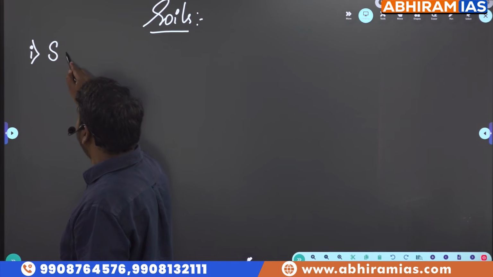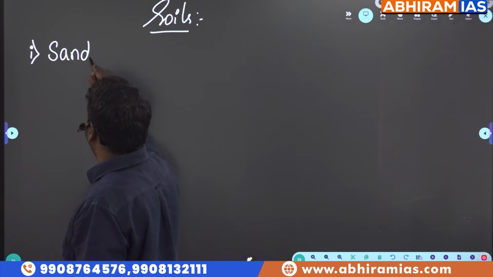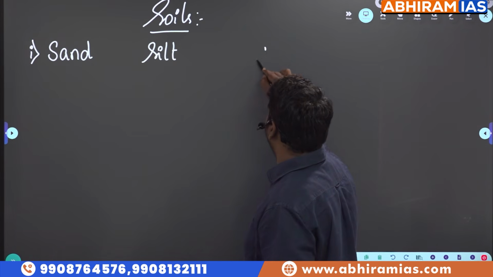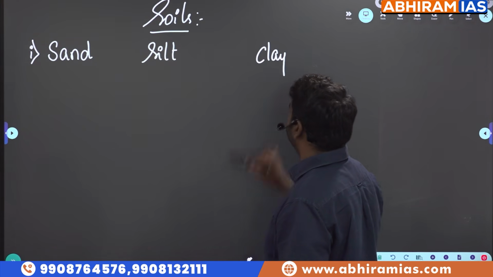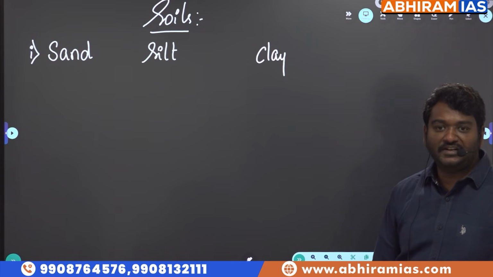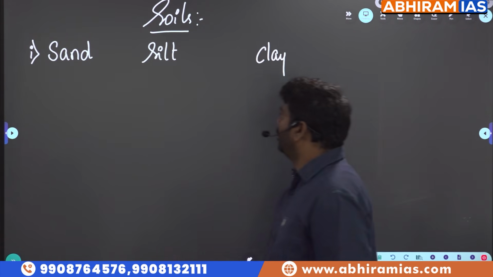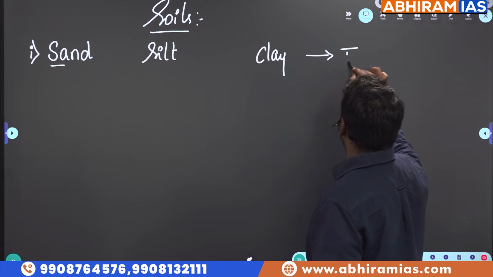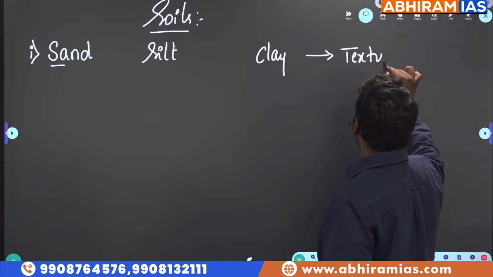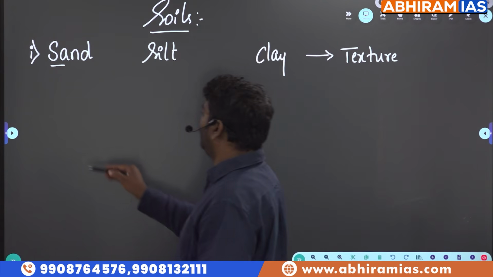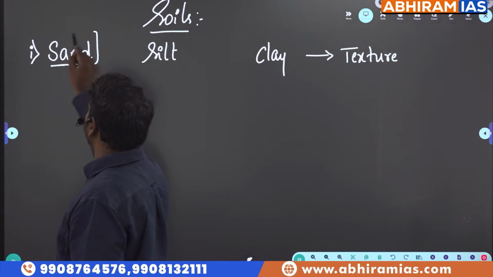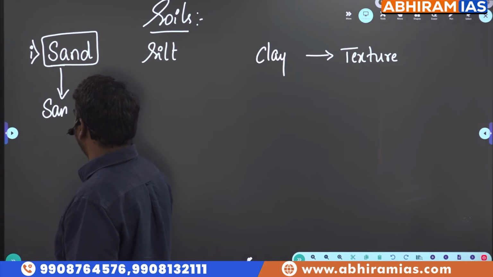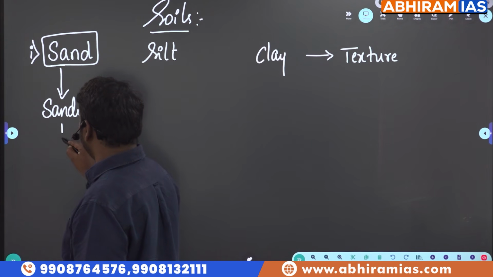Soil is divided on the basis of texture into three: sand, silt, and clay. All these three words are associated with texture. If sand is more, we call it sandy soil.